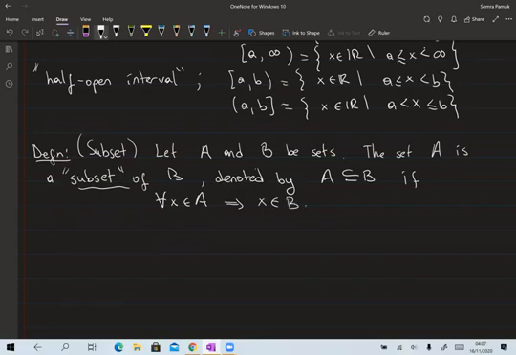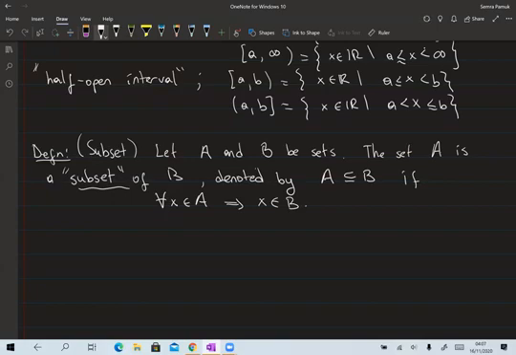So if every element of A is at the same time an element of B, then we say that A is a subset of B. This is the notation for the subset.